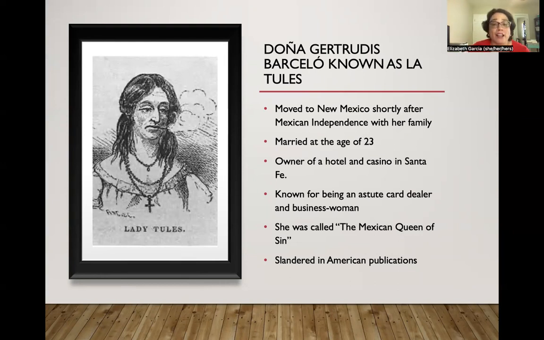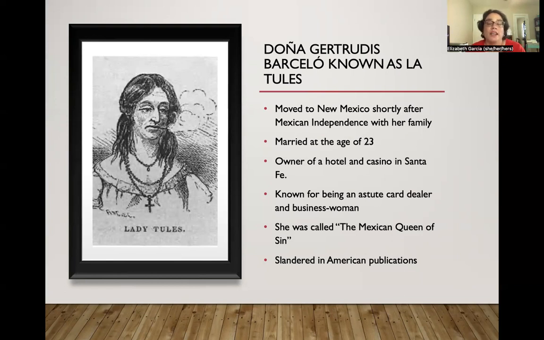Now, from the Anglo perspective, she was considered a woman of ill repute by the Anglo-Americans who started settling in the area. Many of the negative depictions of her were written to explain why the U.S. had invaded Mexico later on, and that Doña Barceló represented the immoral nature of the Mexican population.